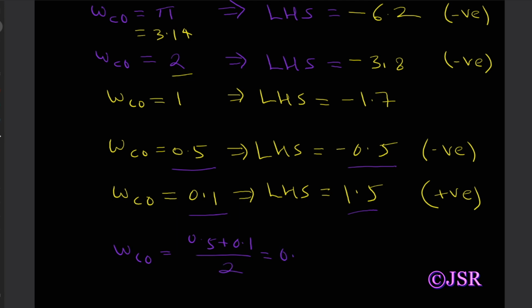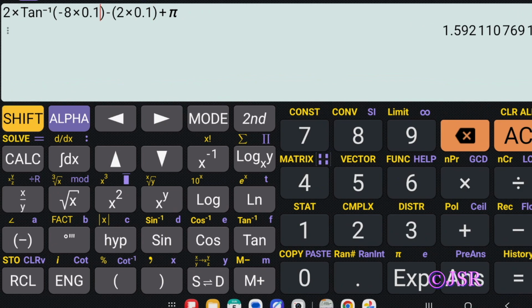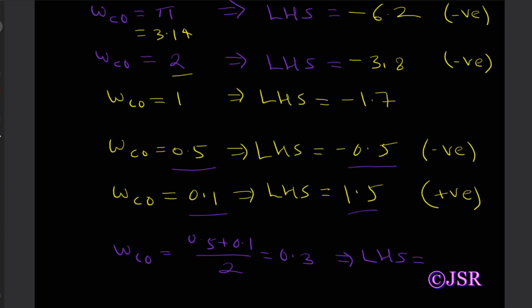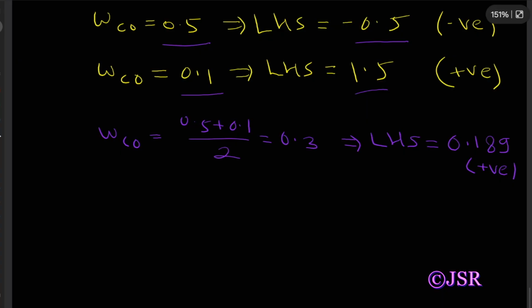So the roots will lie in between these two numbers. So let's take omega CO equal to 0.5 plus 0.1 by 2, and that is 0.3. Calculating the left hand side using omega CO equal to 0.3 radian, we get 0.189, but the sign is still positive.